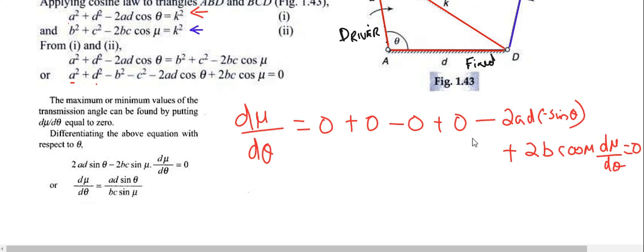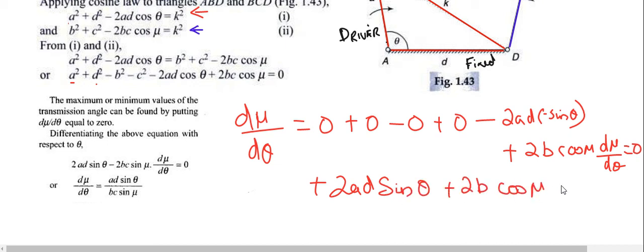We are equating that to 0 to find the maximum values. To find a maximum you have to find the derivative and equate it to 0. So the minus and minus will become plus. So 2ad sin theta plus 2bc, sorry, not cos mu, that will be sin mu, my mistake.